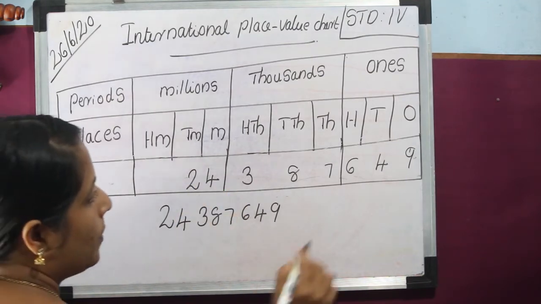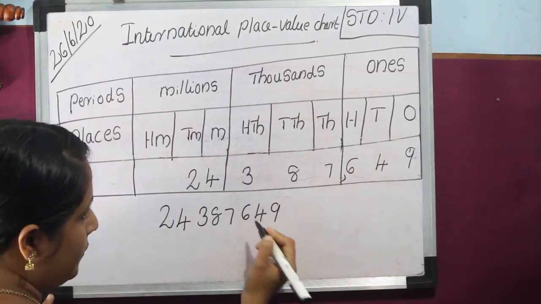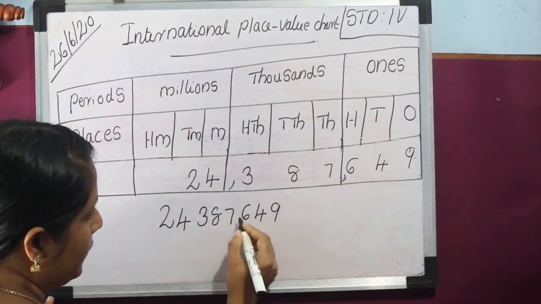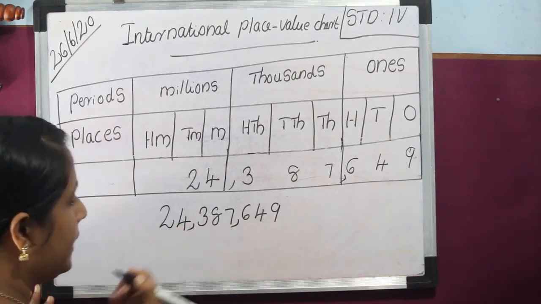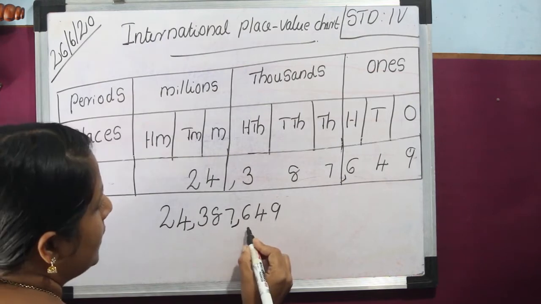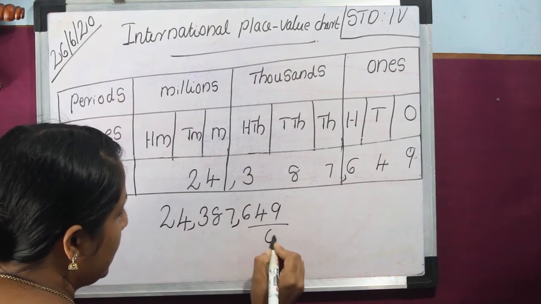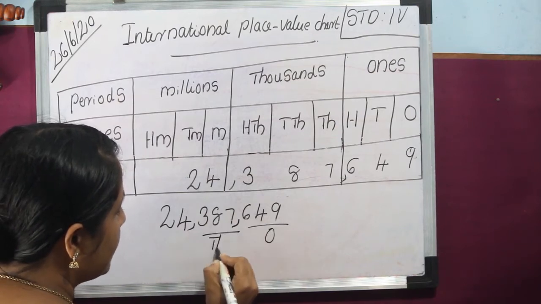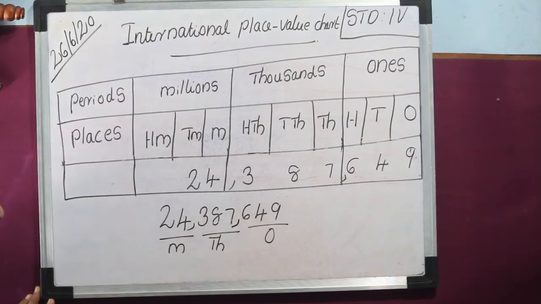Then we insert commas. The first comma is inserted after the hundreds place, the second comma after the 100,000 place. The first comma comes after three digits, then the second comma after three digits. These places are included in the ones period, these in the thousand period, and the last position is included in the million period.